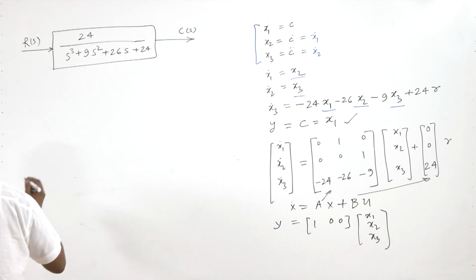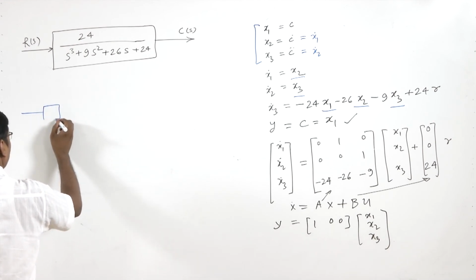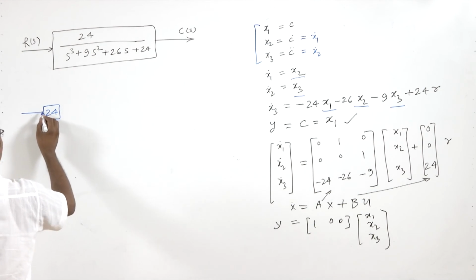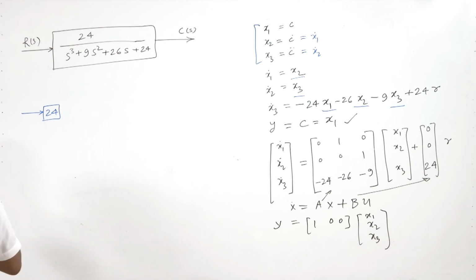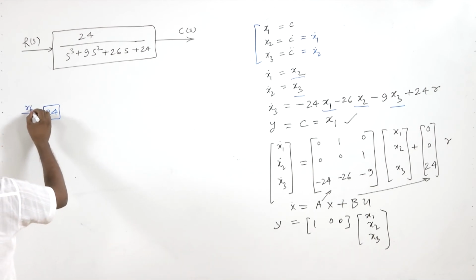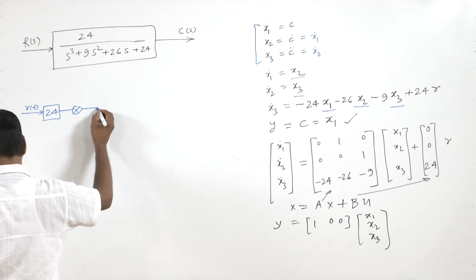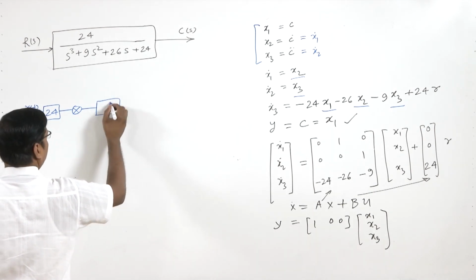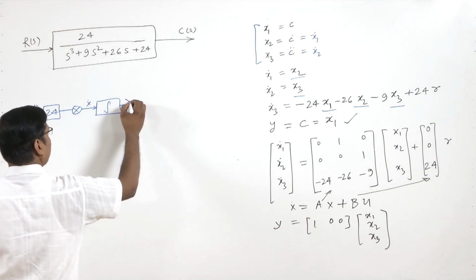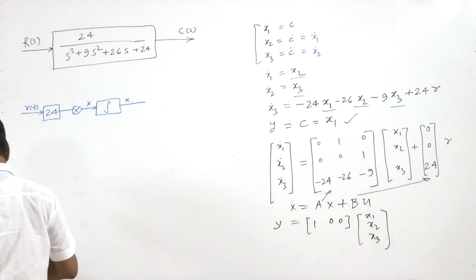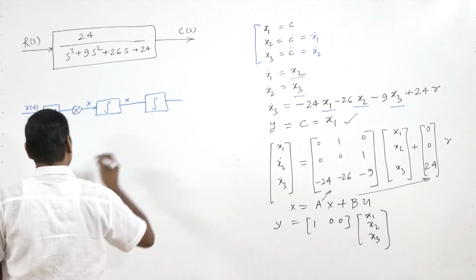So we have this 24 into r(t), here we have a summing junction, we have an integrator, we get x dot, then here we get x, here we have a further integrator.